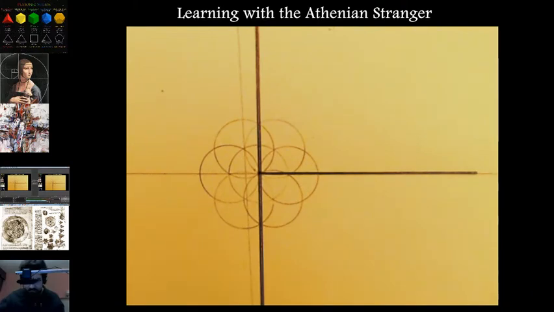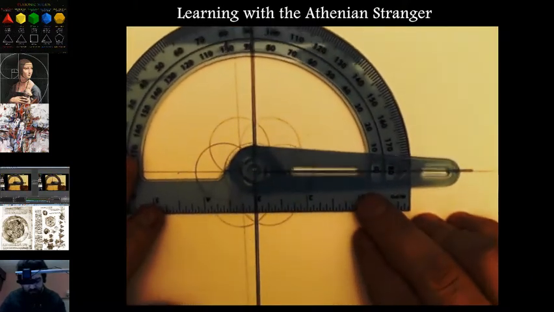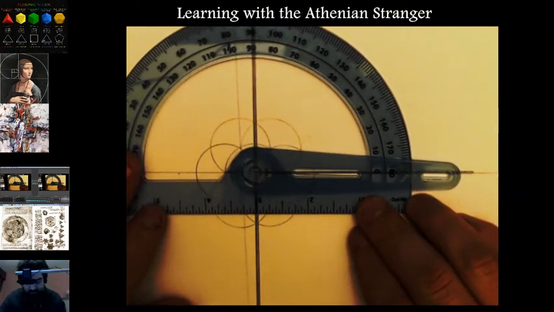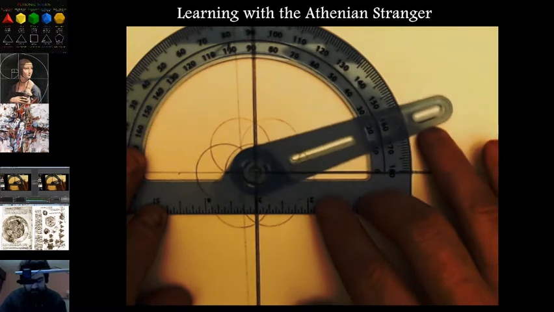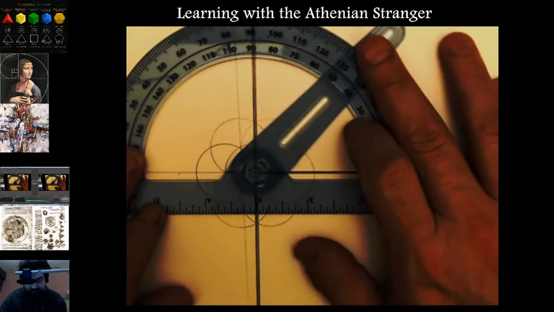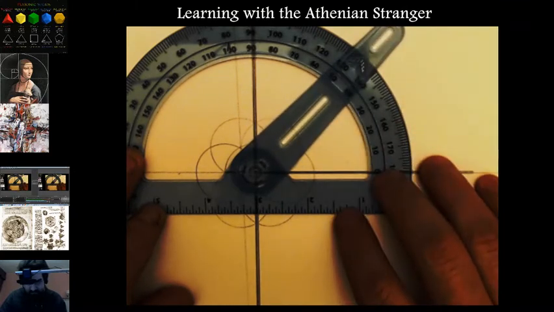Now what we want to do is find a point at which we can create a 45-degree angle. This is a crude way to do it by locating what appears to be 45 degrees somewhere between 40 and 50 right there.